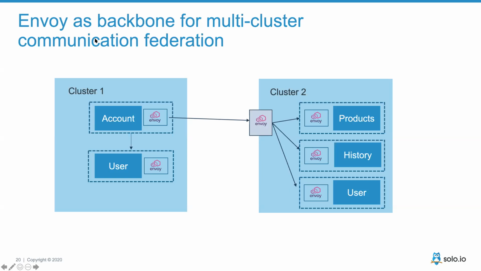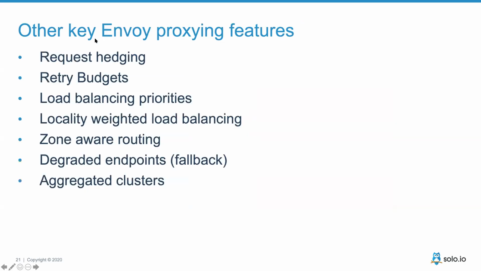So, key features. I mentioned things like timeouts and retries, client-side load balancing and so forth. There's more than just this list, but there's a handful of key Envoy features that greatly enable the fidelity of handling our requests and our traffic when applications start to degrade, networks start to degrade, clusters start to fail, and how an application is smart enough to deal with those scenarios.